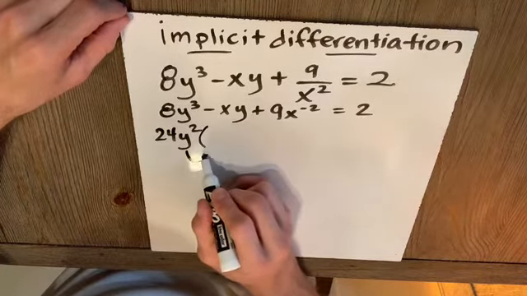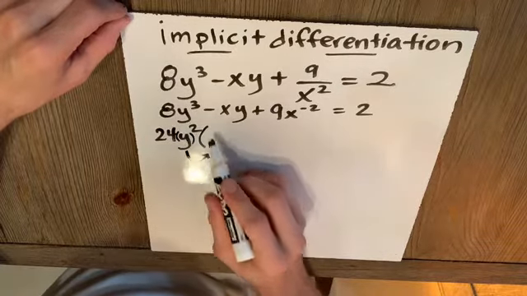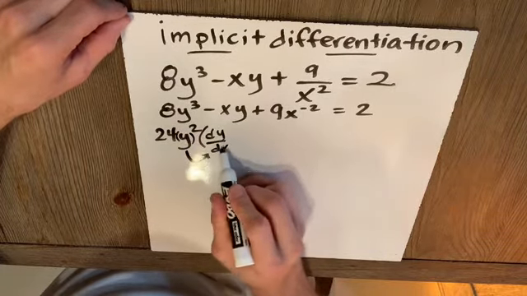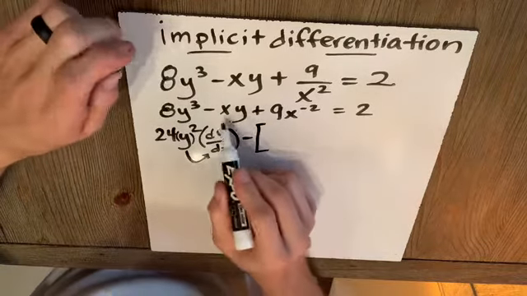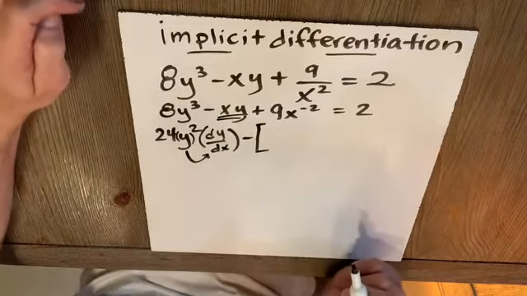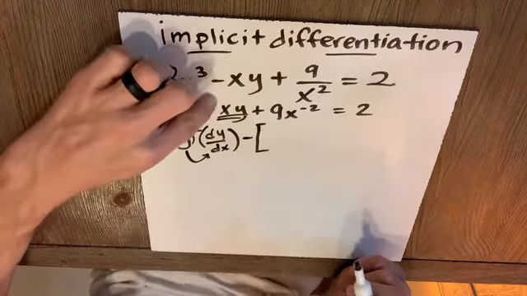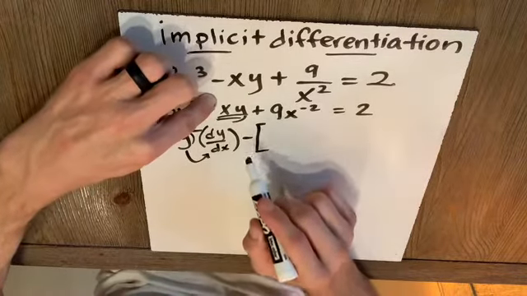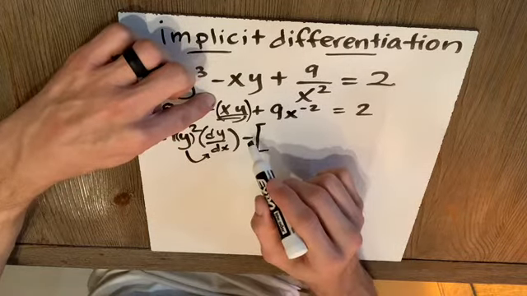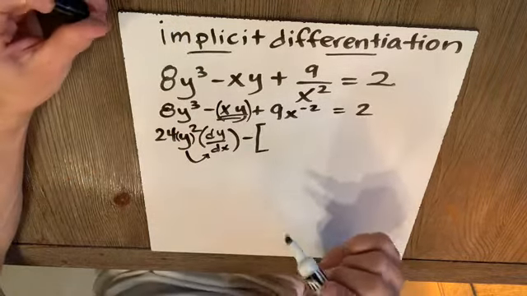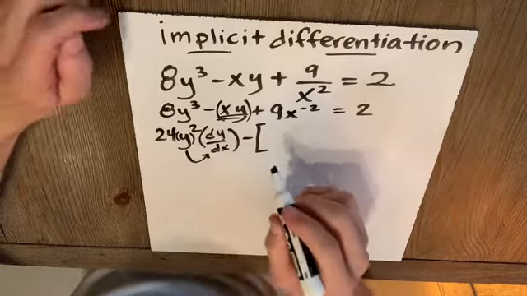The derivative of y, if I put that in parentheses there, is dy/dx minus, now look what I'm going to do. I'm working here, and I'm going to expand this using the product rule. This minus comes down and says take the opposite of whatever the derivative of this is. So be careful, because at the end, using your algebra skills, we're going to distribute that negative.